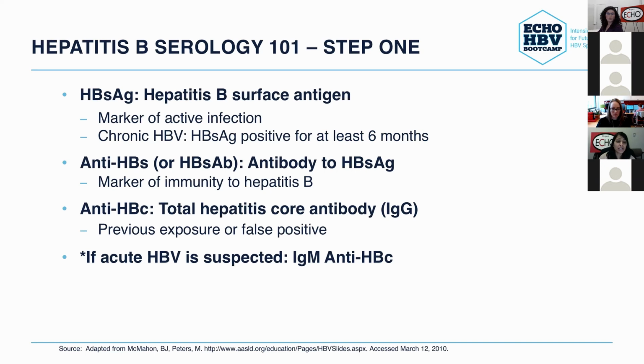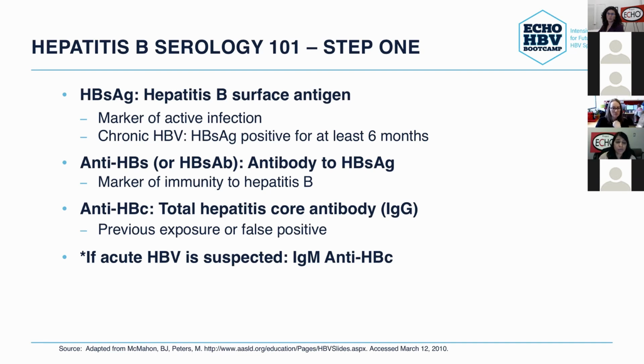By definition, to define somebody as having chronic hepatitis B, the surface antigen needs to be positive for at least 6 months. From a clinical standpoint, we aren't necessarily repeating surface antigens, except if you think this person might have more recently acquired the infection or have acute infection.